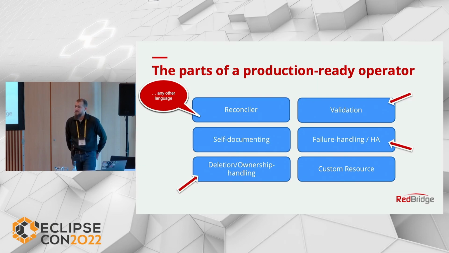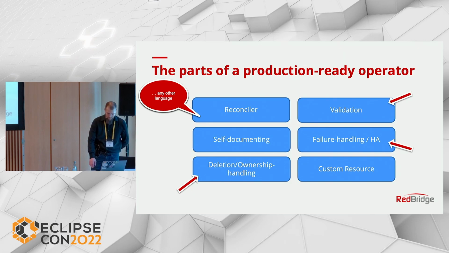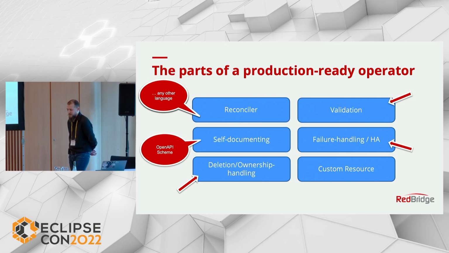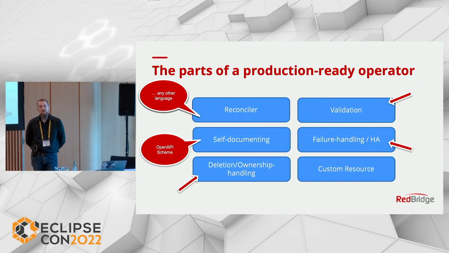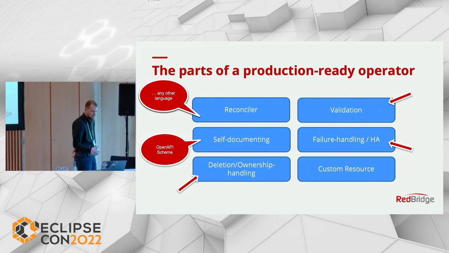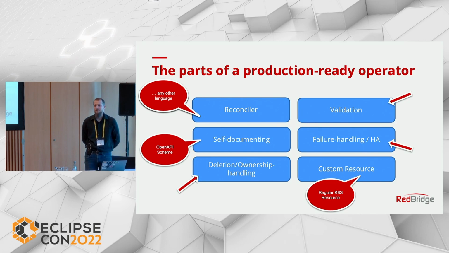And as it so happens, you can do that with those things also. When it comes to self-documenting, well, it's simply an OpenAPI schema, which the API server will tell us later, like what's in the documentation. And the custom resource is just a regular Kubernetes resource.